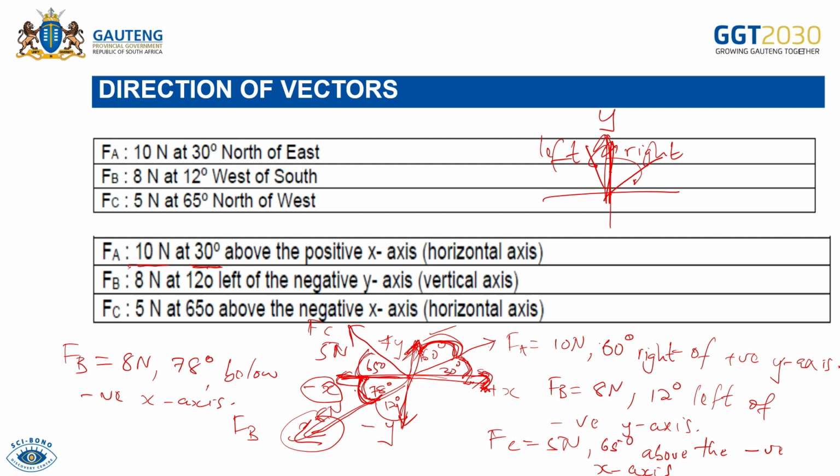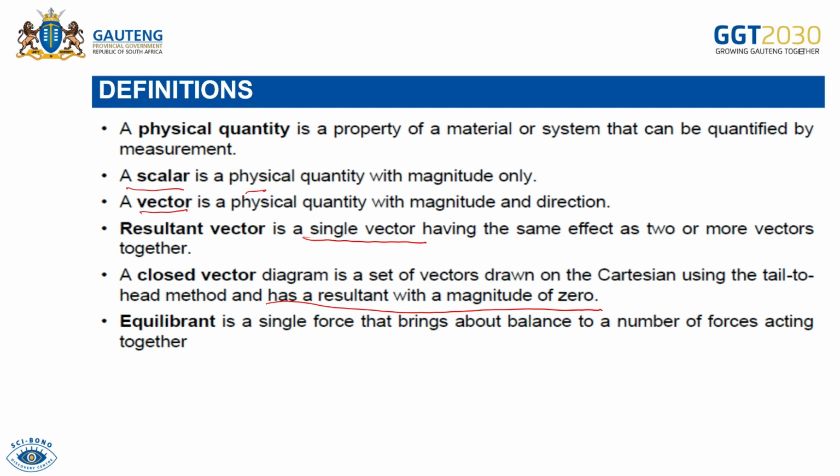When it comes to the vertical axis, which is your y-axis, the angle is either to the right or to the left of the positive y-axis or the negative y-axis. So that's it. You choose the method that is going to work for you. I hope you understood the three methods: the bearing one, the compass one, and also the one of the Cartesian plane. All right.